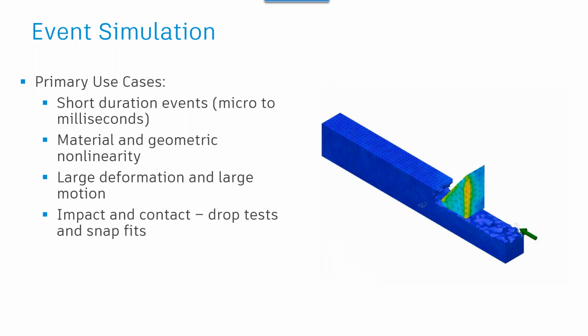We use event simulation for large loads that would cause large deformation, and if it involves large motion, as well as impact tests or drop tests, like snap fits, etc. So this is currently available as a tech preview for the users. We are getting pretty close to commercializing this by adding a few more capabilities into our existing event simulation workflows.